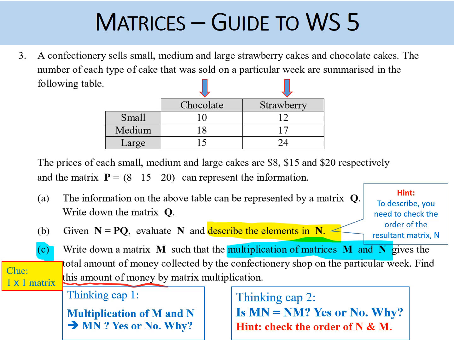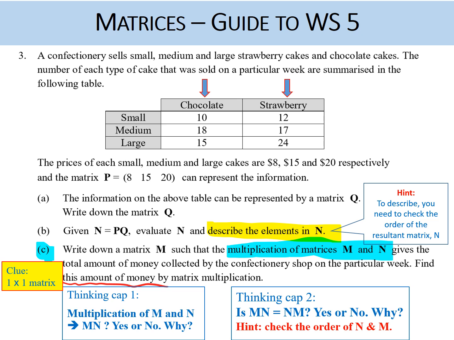So how do I know whether M and N, is it the same as N and M? And therefore, for part C, how should I multiply? Should I use MN or should I use NM? The hint is to check the order of the two matrices.